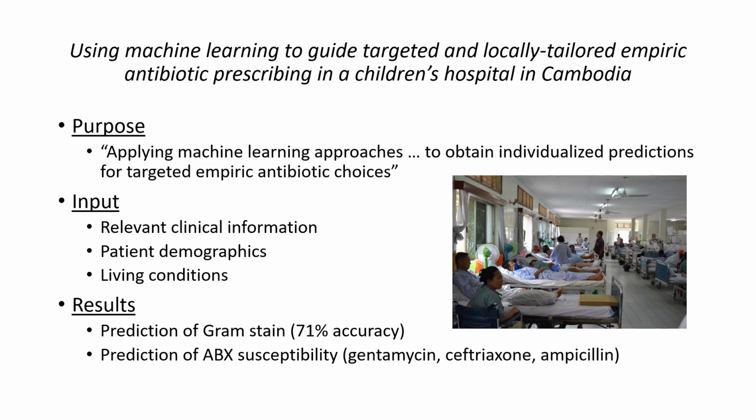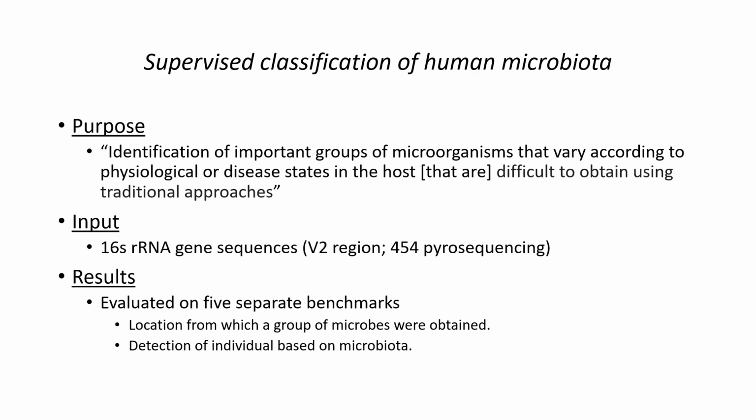Researchers noted that this model has the potential to improve targeting of empiric therapy, improve patient outcomes, and reduce the burden of antimicrobial resistance in low to middle income countries. Machine learning has also been used to classify groups of human microbiota, especially those that can be difficult to classify using traditional approaches.